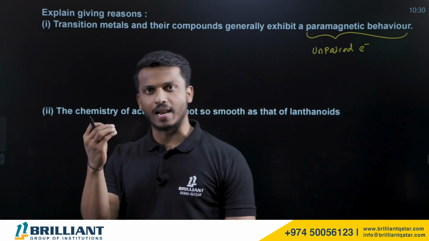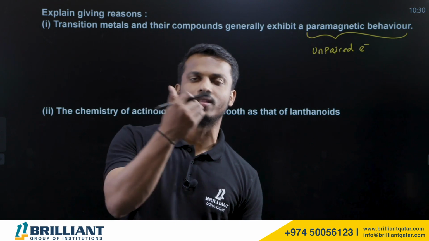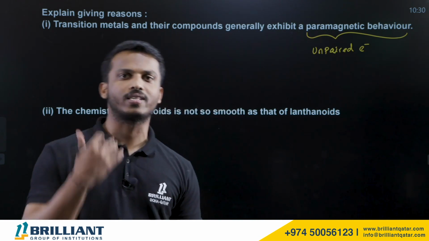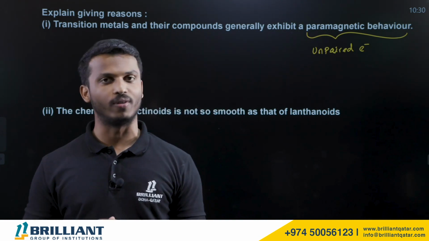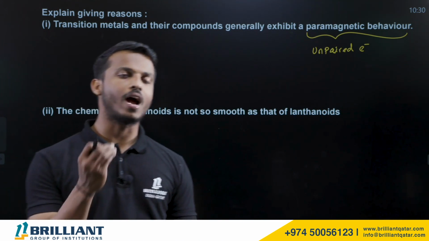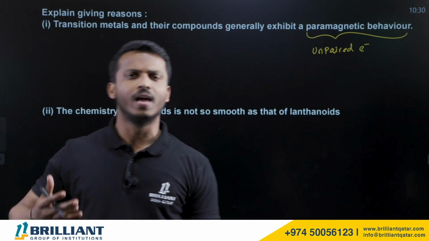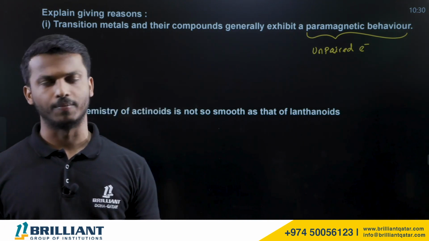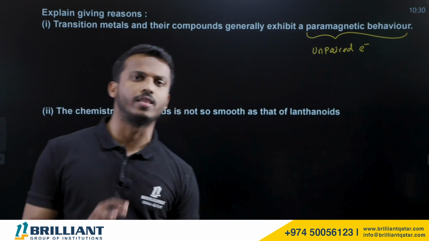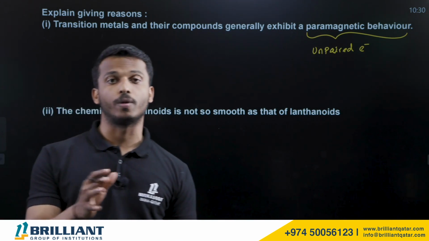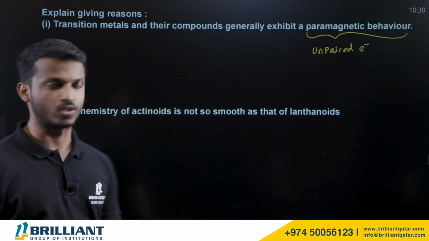Transition elements mean the element in its metal state, elemental state or ionic state must contain an incompletely filled d orbital. So they have unpaired electrons. If they have more unpaired electrons, they are more paramagnetic; with fewer unpaired electrons, less paramagnetic. So transition elements are mostly paramagnetic in nature because of the presence of unpaired electrons.